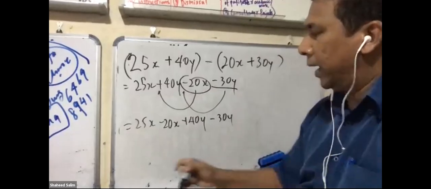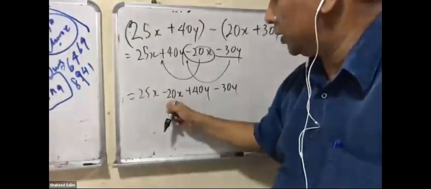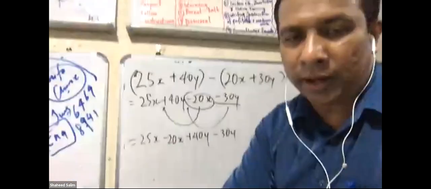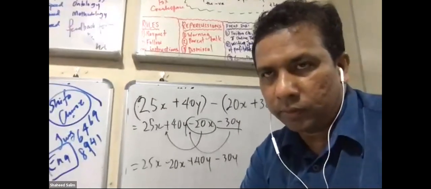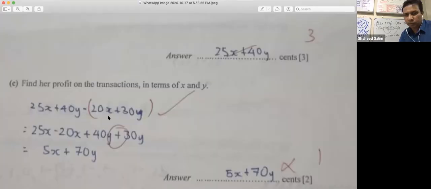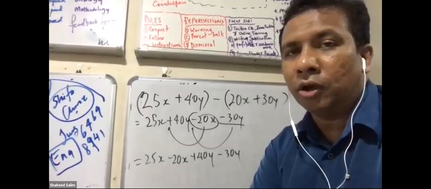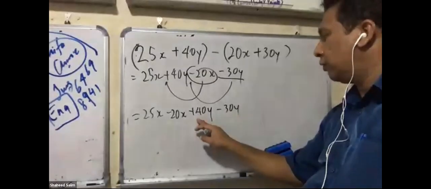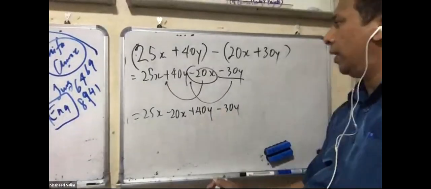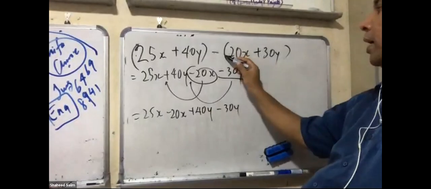Let us compare. 25x minus 20x, whether you got this correct. 25x minus 20x, correct. Plus 40y, yours is plus. Plus 40y minus 30y. Why minus? Because this is in the bracket with y.